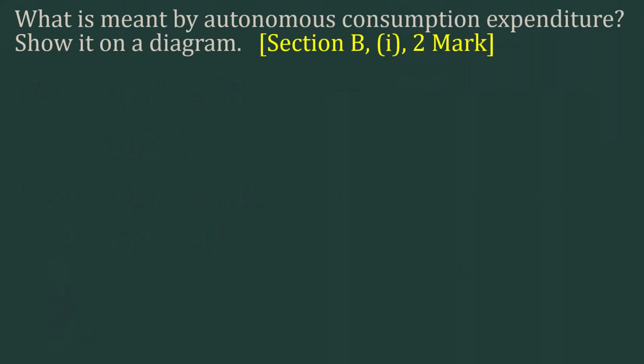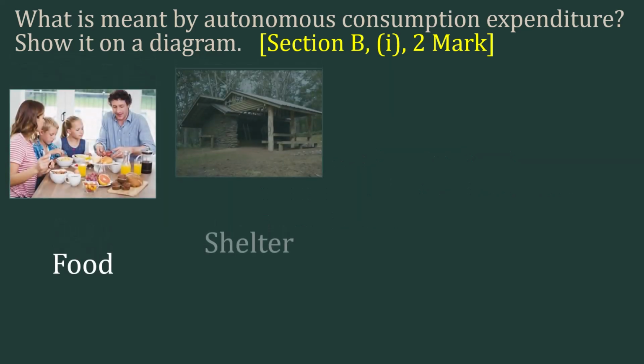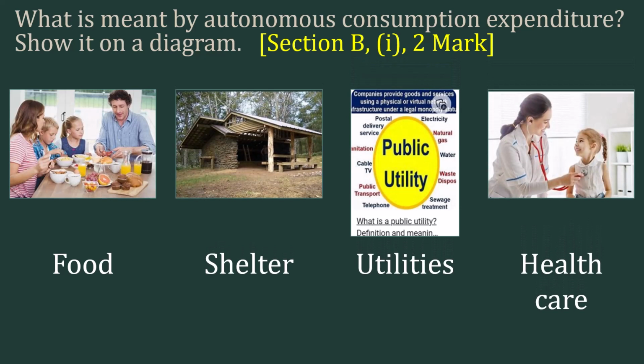What is meant by autonomous consumption expenditure? Show it on a diagram. Consumption expenditure, which is independent of income, is called autonomous expenditure. Expenditure on necessities like food, shelter, utilities, and health care cannot be ignored and have to be incurred regardless of income.